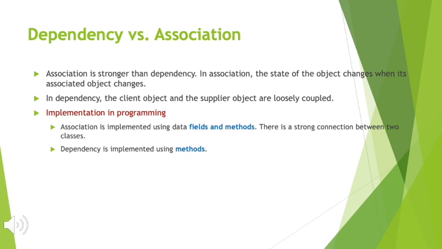So when you try to implement in programming, normally association is implemented using data fields and methods. There is a strong connection between two classes. And dependency is normally implemented using methods in the programming.